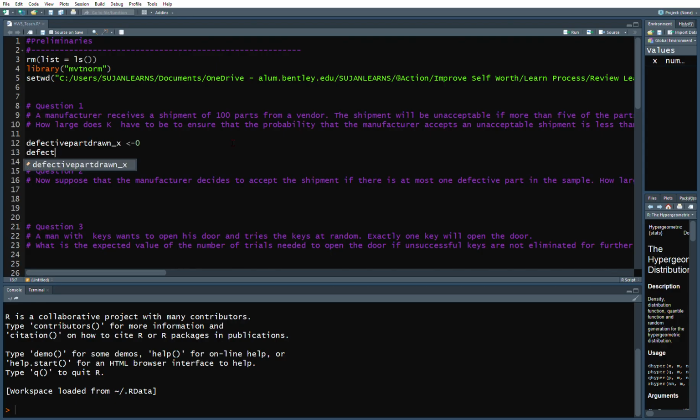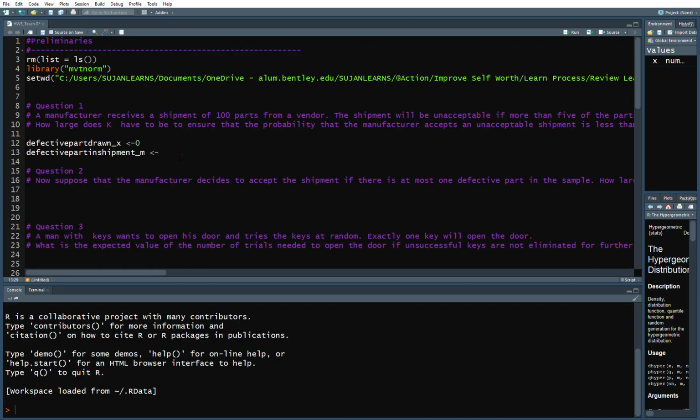Now next we decide another variable, defective parts in shipment, which is M. We are asked, what is the probability that the manufacturer accepts an unacceptable shipment?